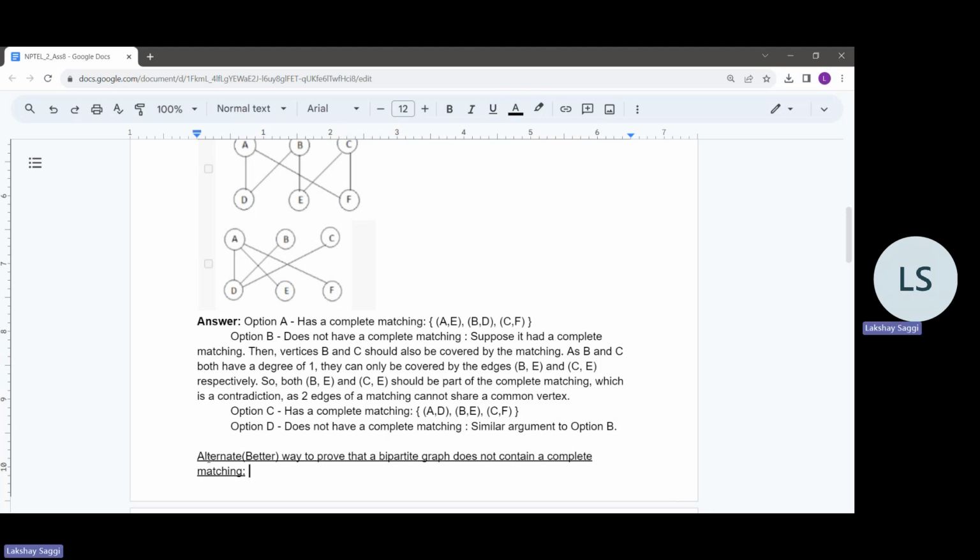So basically, a better way to prove that a bipartite graph does not contain a complete matching is using Hall's theorem.